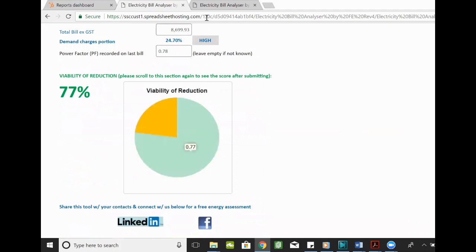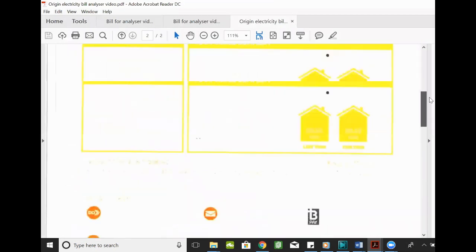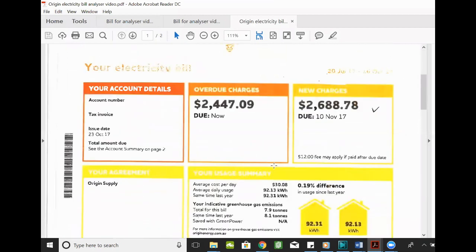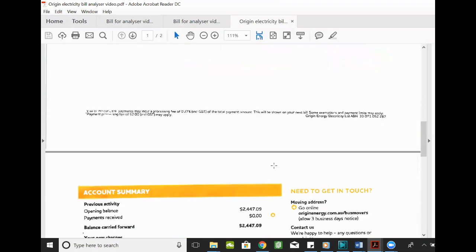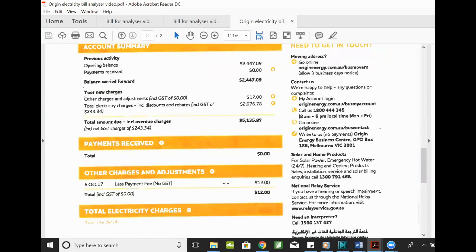I just want to show you a simpler example, which is another bill that we have here. This one is a smaller consumer of electricity, which means they usually fall under a different tariff, and it's fairly simple. The first page was just the summary page, and then you've got the breakdown here.